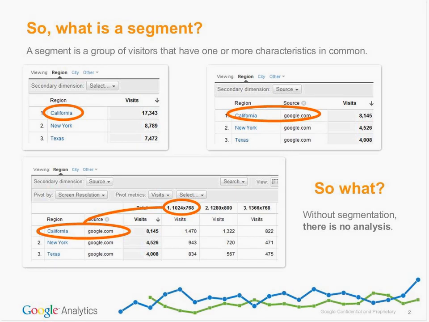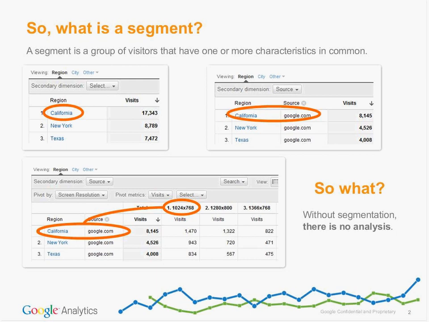Each of those regions or states is a segment, but on the upper right side, it's a combination of characteristics. In our example, we've chosen the set of visitors who are from California and also came from Google as opposed to some other traffic source. And you can see that that segment is considerably smaller, about half that of the one of California.